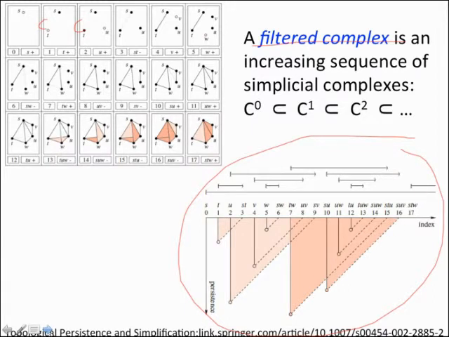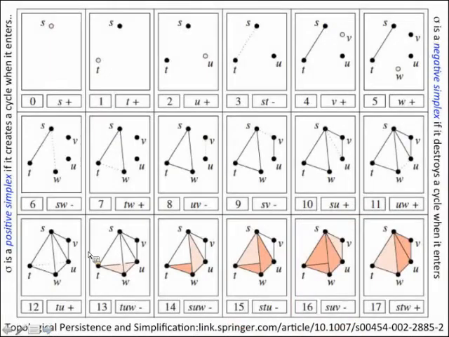We're going to focus, just to remind us again of some terminology, we do have positive simplices if they are a generator, if they create a cycle. All vertices are cycles, so every single vertex will be a positive simplex.